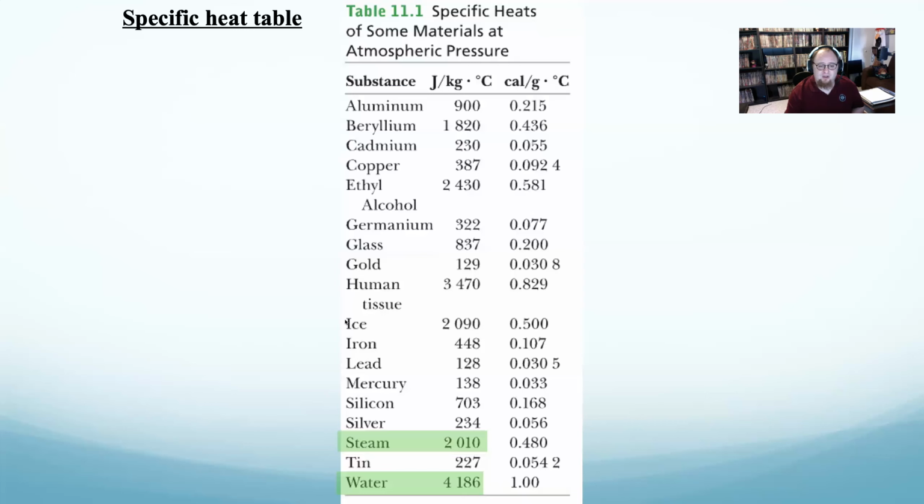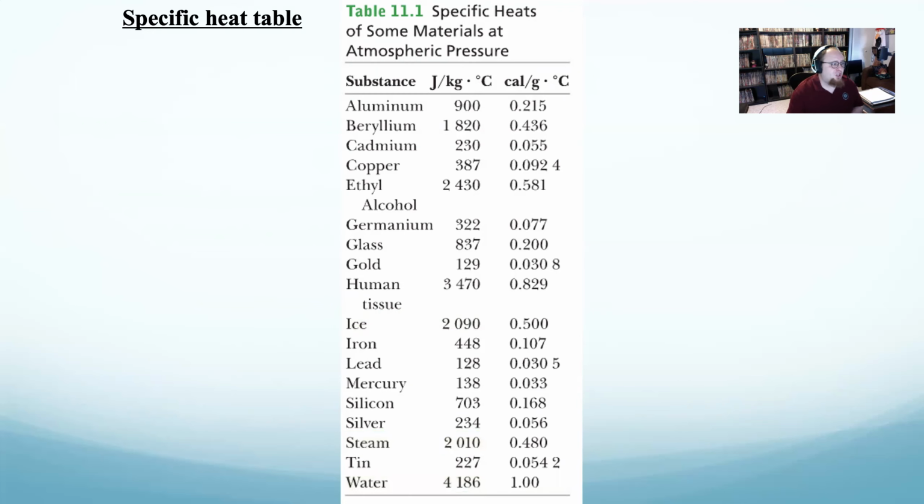Steam has this value. Ice has this value. Specific heat is mostly constant for a substance, but it does change with phases. Because the specific heats of ice, steam, and water are different, even though they're all H2O, that's going to come up later on.